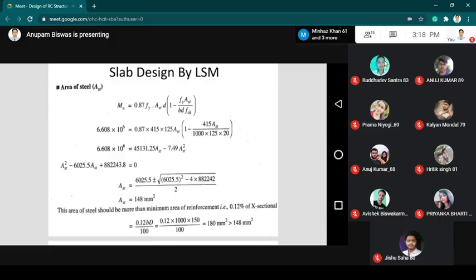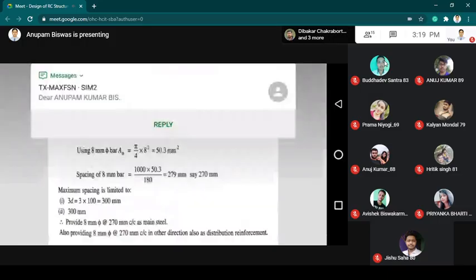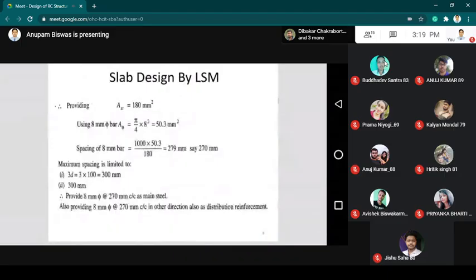While taking this out, make sure you don't commit a mistake: it is not the effective depth but the overall depth, capital D. So 0.12 bD by 100 is coming 180 mm square, which is more than the area of steel that we obtained from the equation.